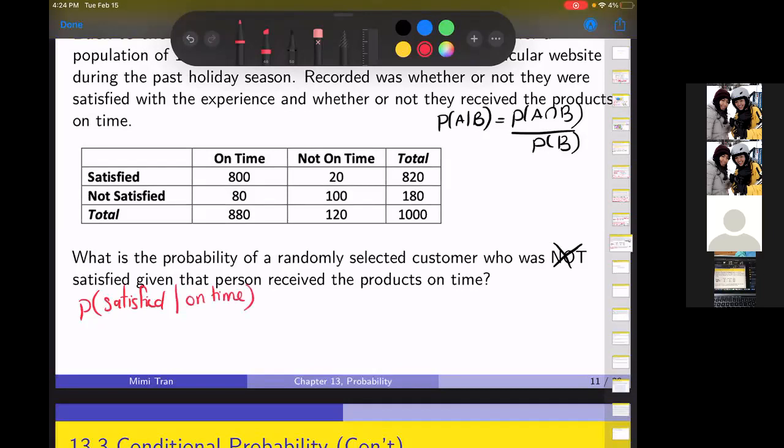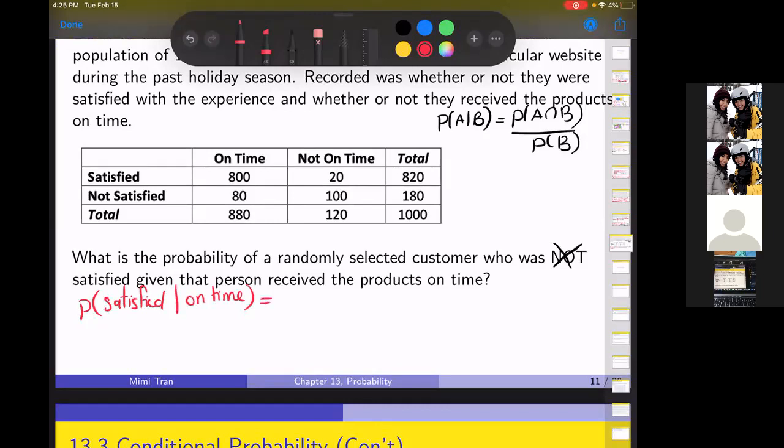On the exam, usually when you hear the word given, you know that you have to do the conditional probability. Sometimes they word it differently, but you should be able to tell. But I'll make it easy. I'll just say given too, so you know what to use.